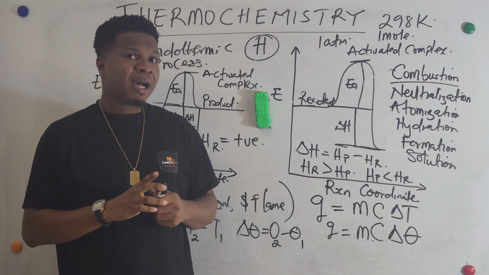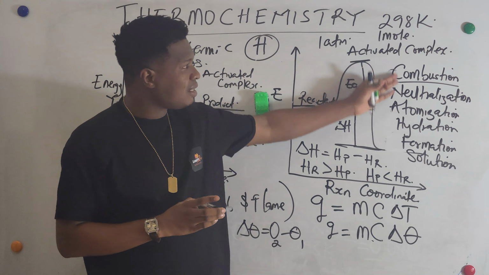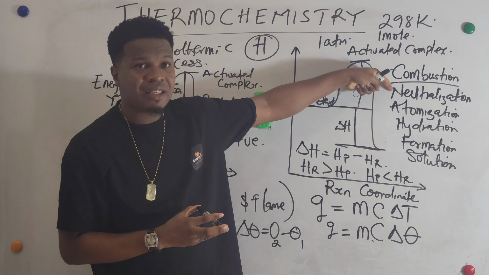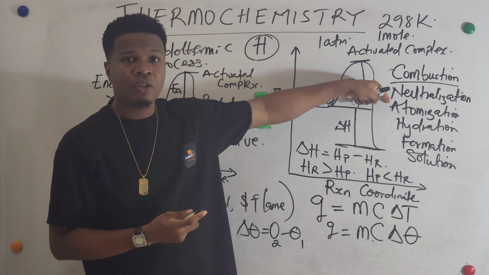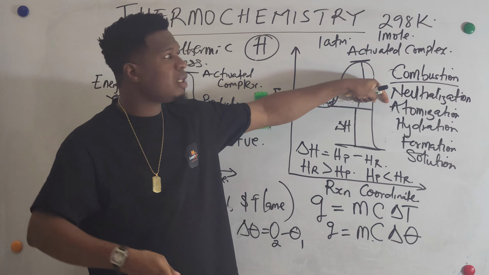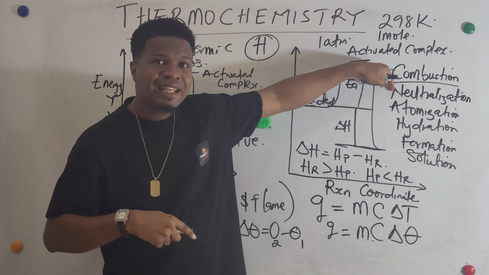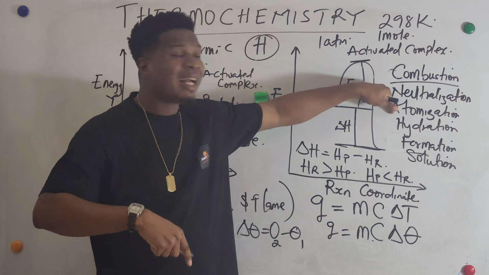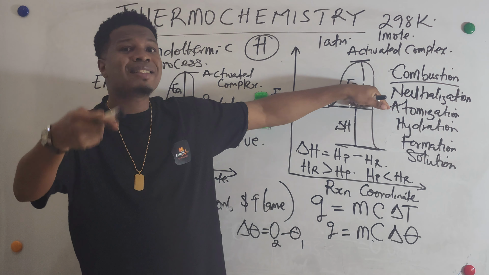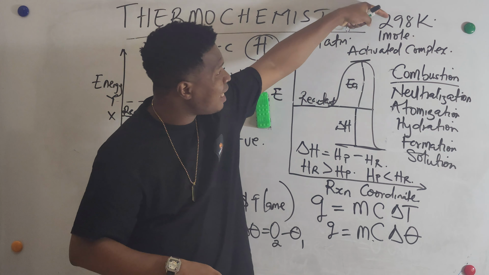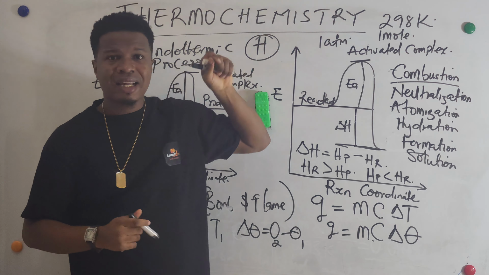Remember that the heats produced from these reactions are called heat of combustion, heat of neutralization, heat of atomization. But under standard conditions, they are called standard heat of combustion, standard heat of neutralization, standard heat of atomization. Why is it standard? It is standard because it is undergoing such a reaction at a standard state.